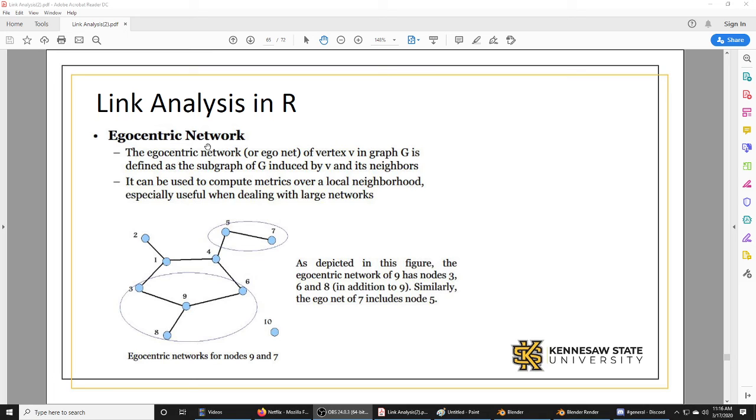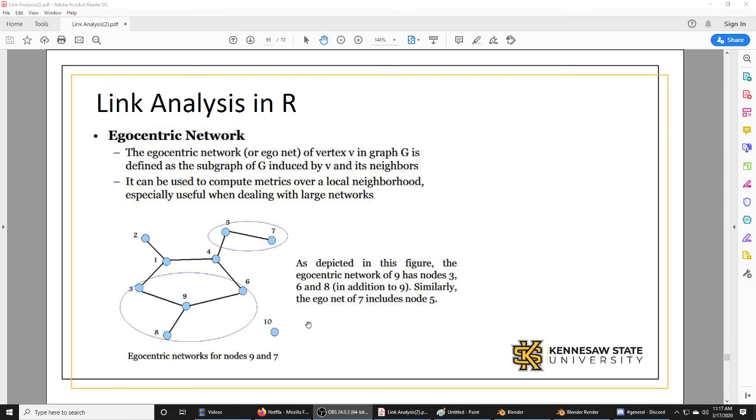As depicted in the figure, the egocentric network of 9 has nodes 3, 6, and 8. Basically, these are the nodes adjacent to it, adjacent being the graph theory term. Similarly, the ego net of 7 is only node 5.